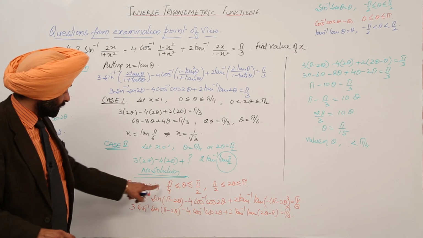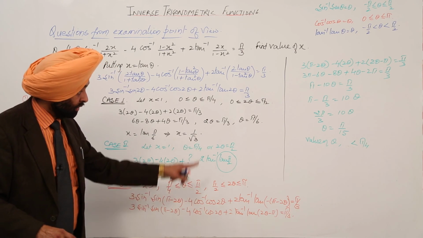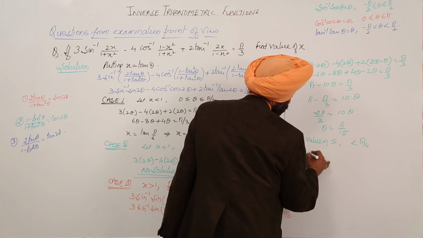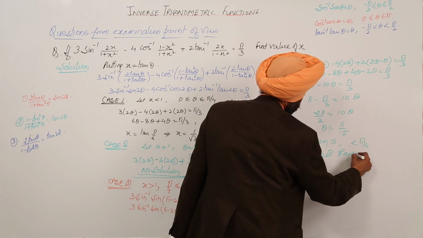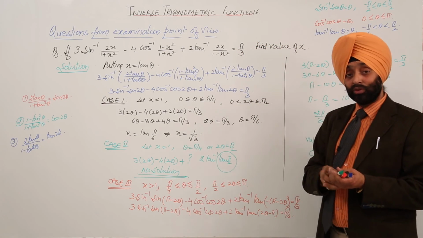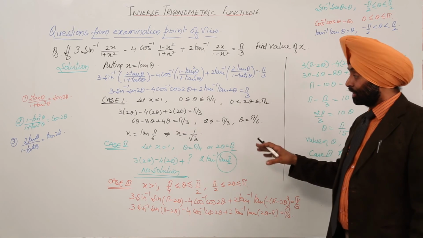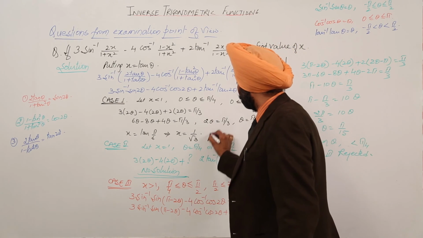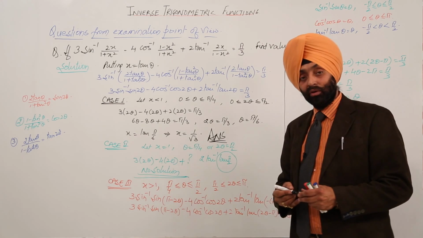So in case 3 we want the value from pi by 4 to pi by 2, but there it is pi by 15. So again case 3 is rejected. Okay, so this was the basic thing. Case 1 we have gone with, case 2 we have gone with, case 3 we have gone with. Only the perfect answer was for case 1. So we are having the right answer here, and this is the answer: x is equal to 1 upon root 3.